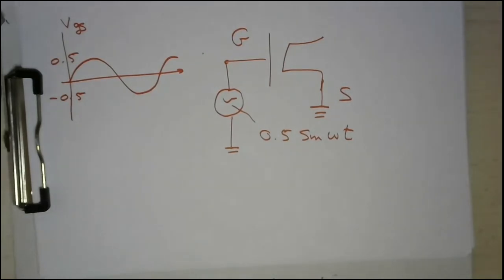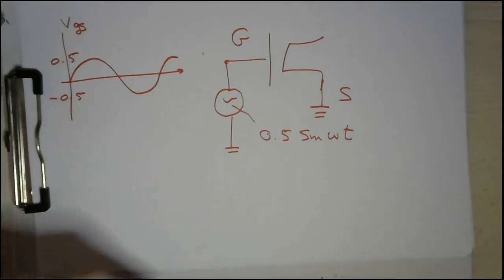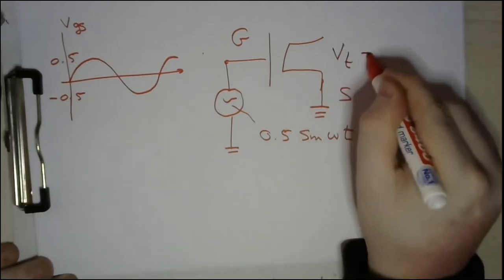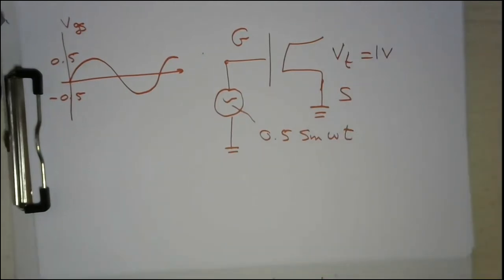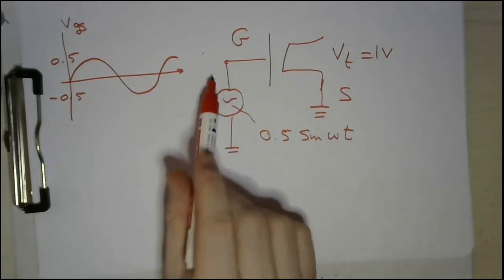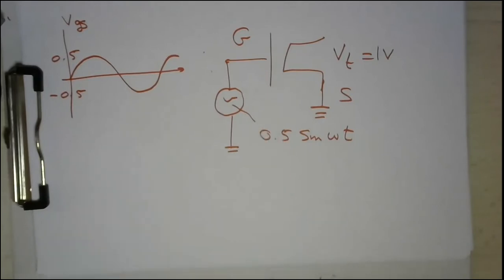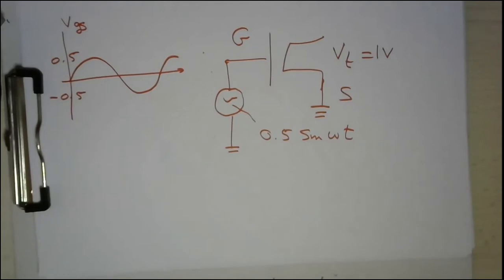Then, if I told you that V threshold is equal to 1 volt, accordingly, this MOSFET will be off all the time, because the maximum voltage applied to the gate is just 0.5. This input will not reach the required voltage, which is V threshold, and accordingly your MOSFET will not be turned on. So how can we make our MOSFET turn on?